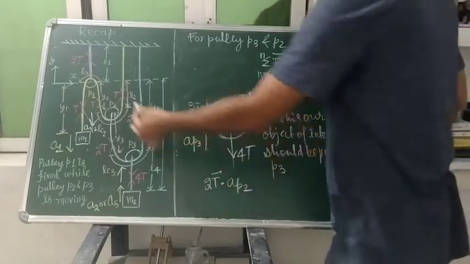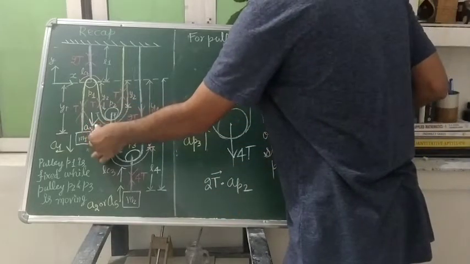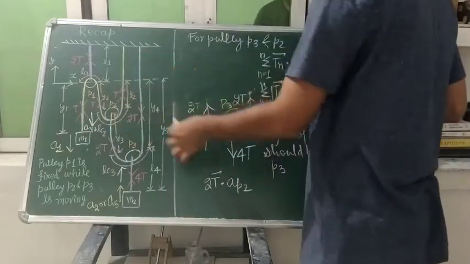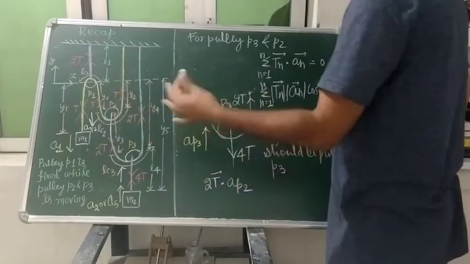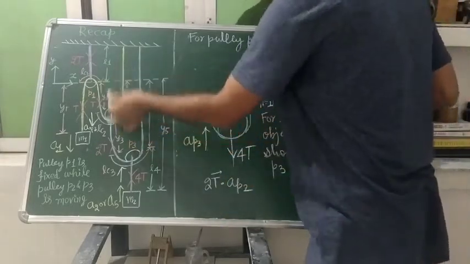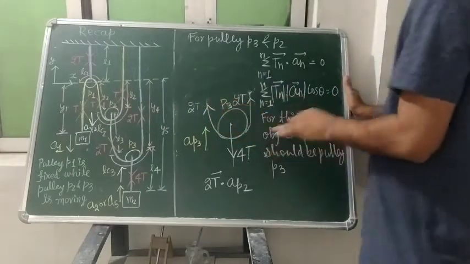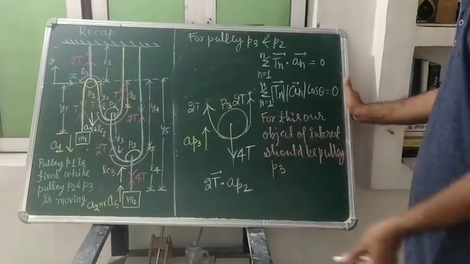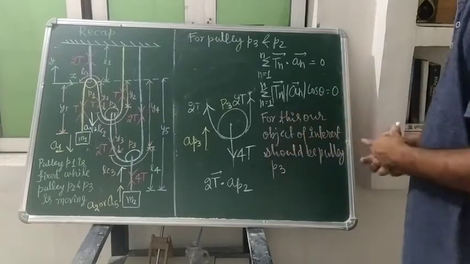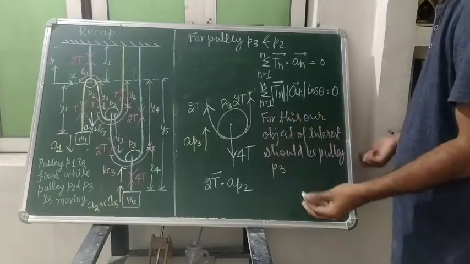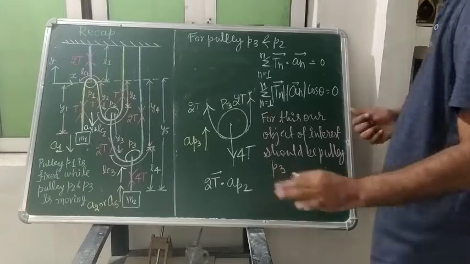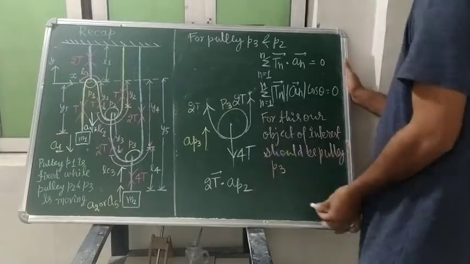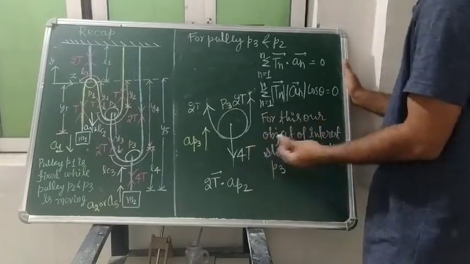And in the same way, for the relation between M1 and pulley P2, the net tension will act as 2T. So you are applying the short trick, and you will keep these things in mind. Otherwise, the short trick will give you the wrong answer.